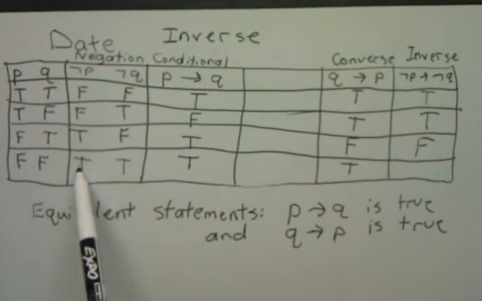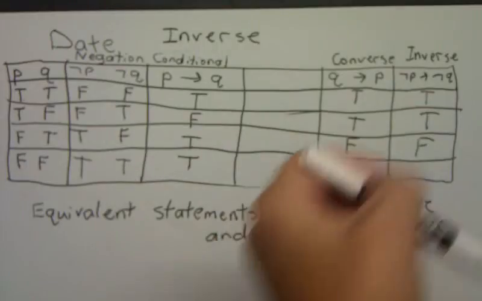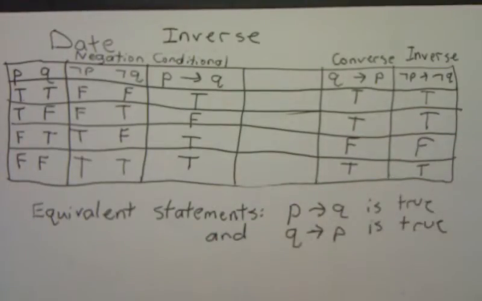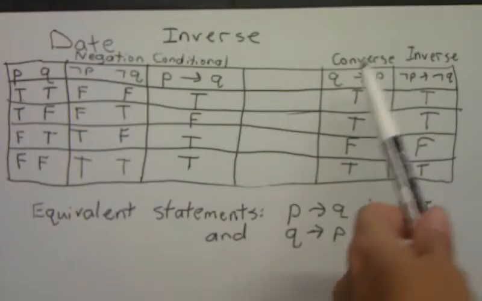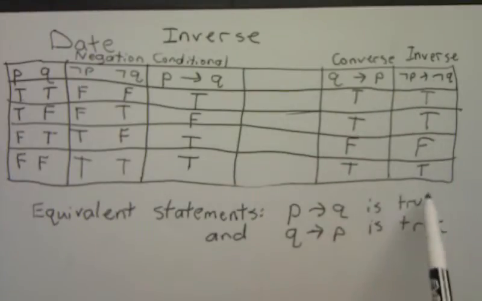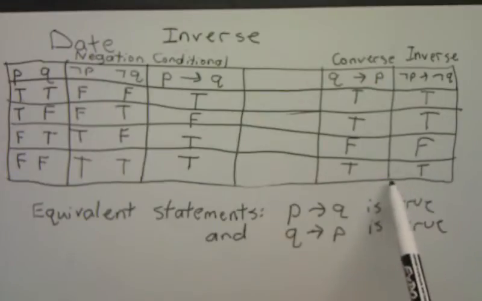And if negate P is true and negate Q is true, this is going to be a true statement. Okay, so if you'll look, you're going to see that my converse chart and my inverse chart are the same thing. That's why we put them together on the chart, so you could see they're exactly the same chart. Okay?